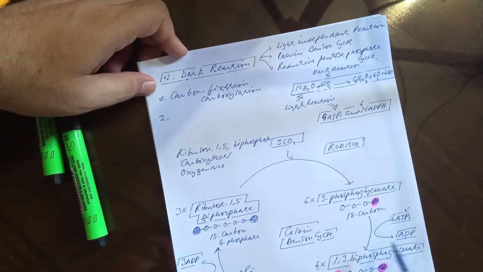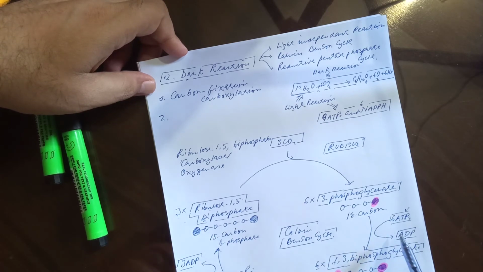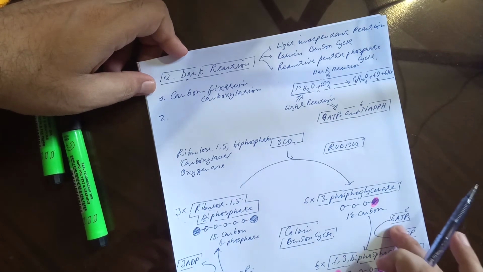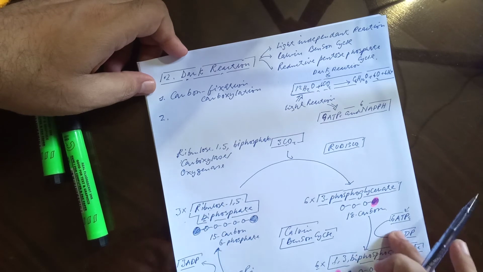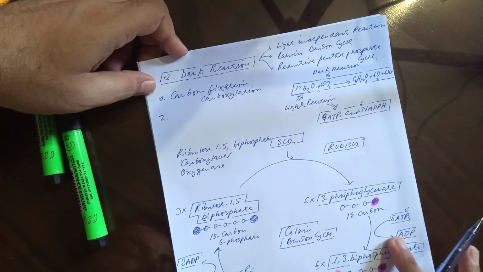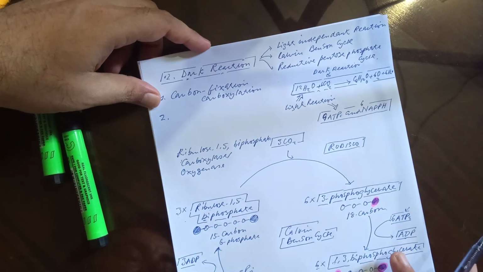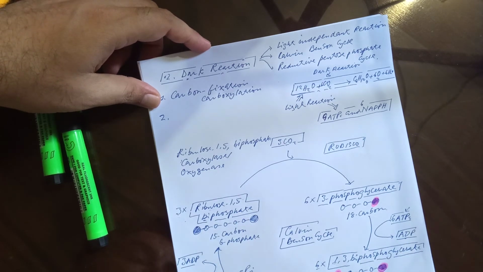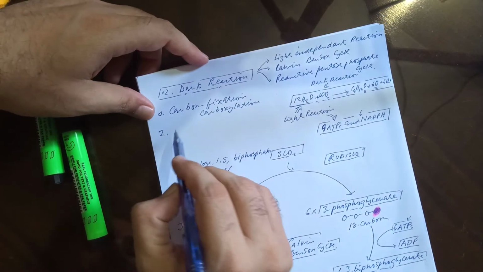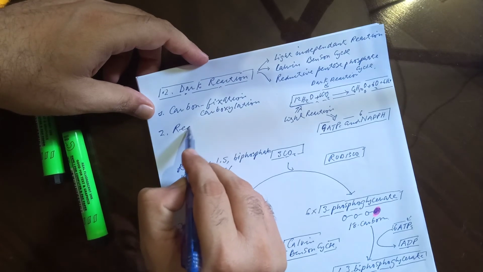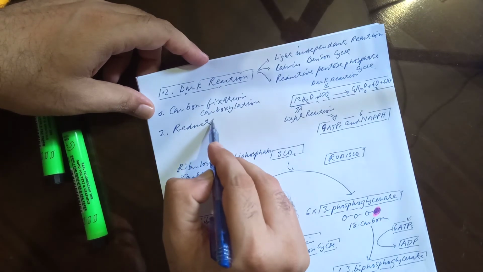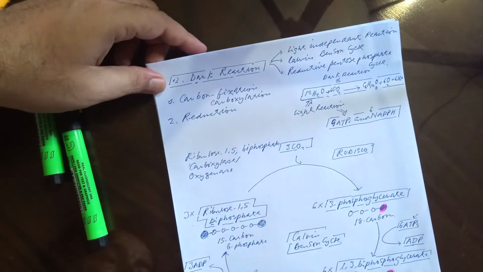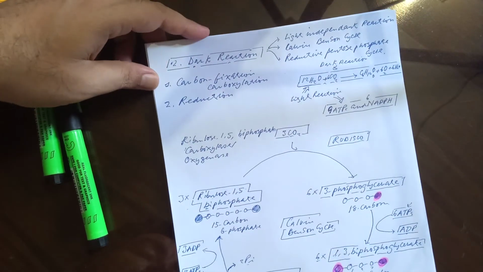Step number 2 is not this one where the phosphorylation happens. I wish that would also be a step, but they have not given any name to this part of the reaction. Okay, they've given this part of the reaction a name, and what's that? Reduction of 1,3-biphosphoglycerate to 3-phosphoglyceraldehyde. Not just that long, but just reduction. Now, what is reduction? It is when you give some of your hydrogen or electron.